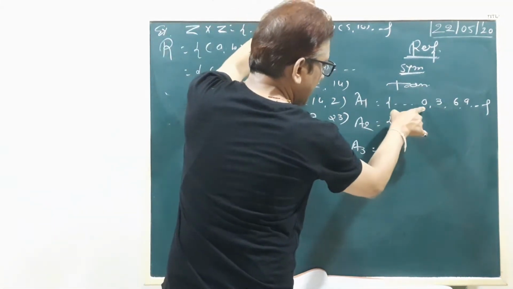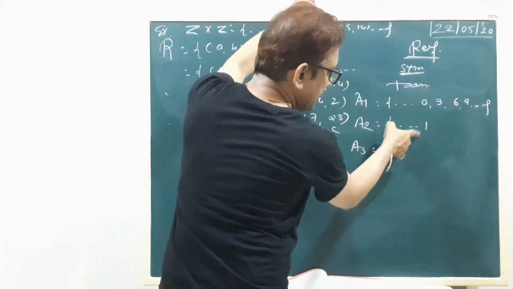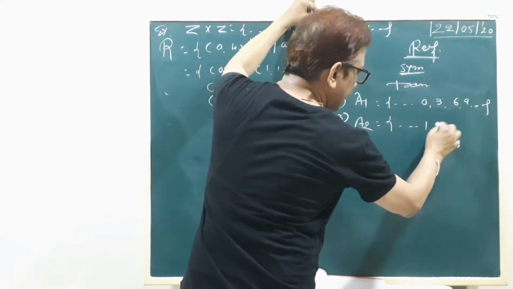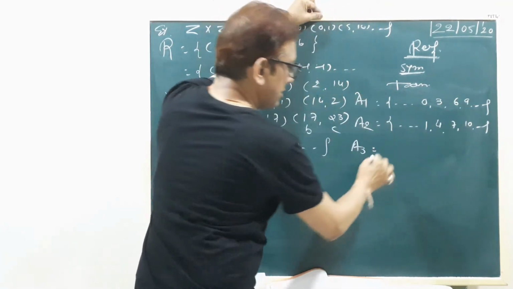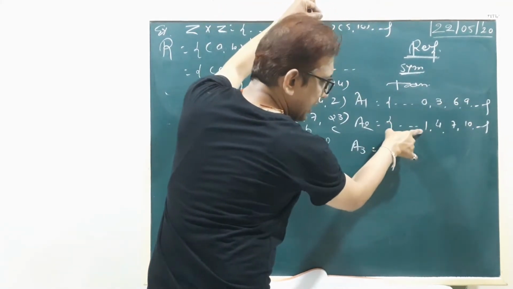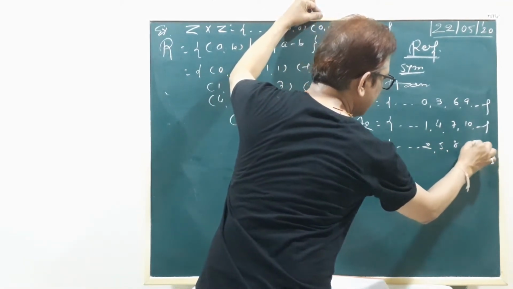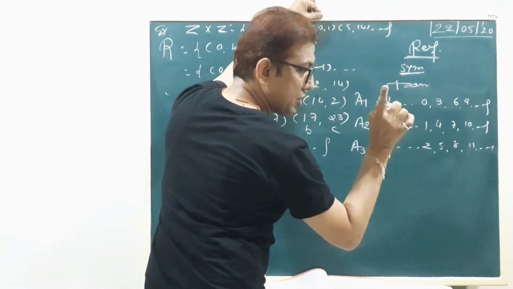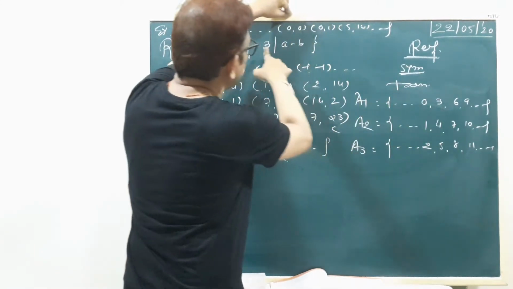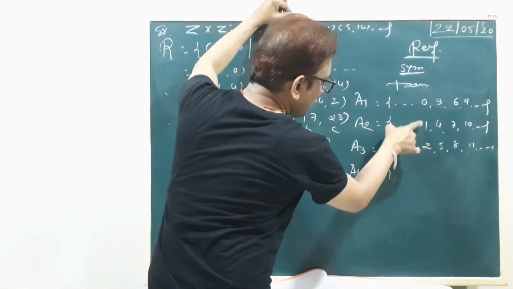Okay. Now the next number after 0 is 1. Now adding 3: 4, 7, 10. Then the next number after 1 is 2: 2, 5, 8, 11. The difference between any two numbers is divisible by 3. Right? Now suppose we write here 4. 0, 1, 2.